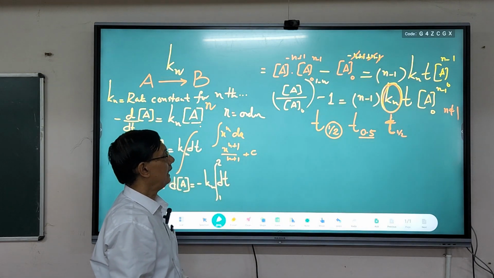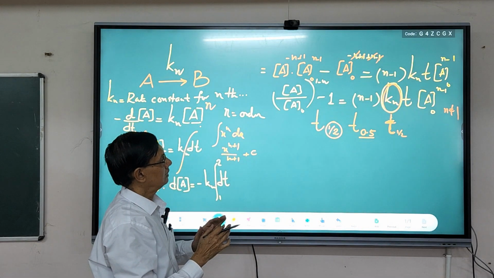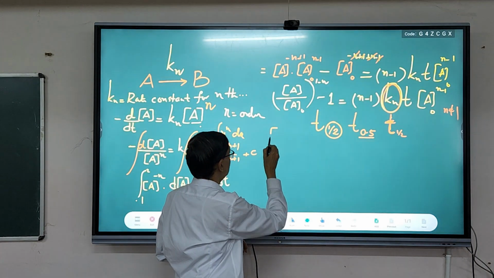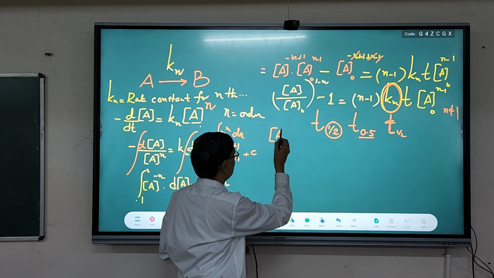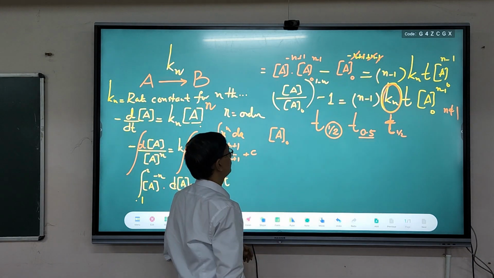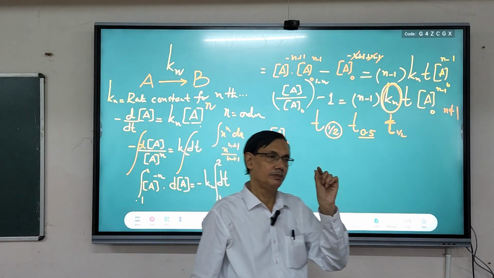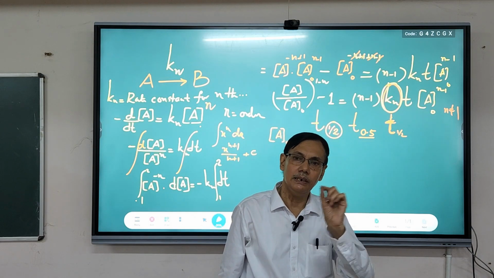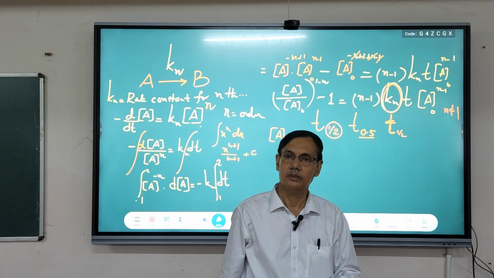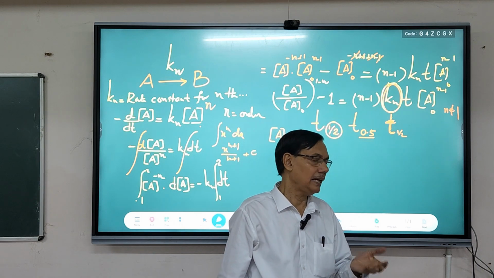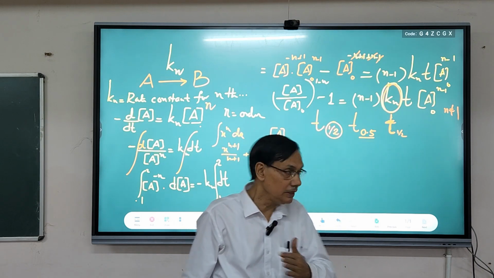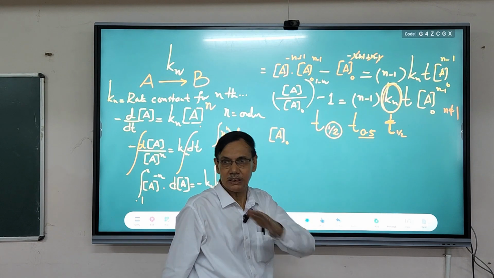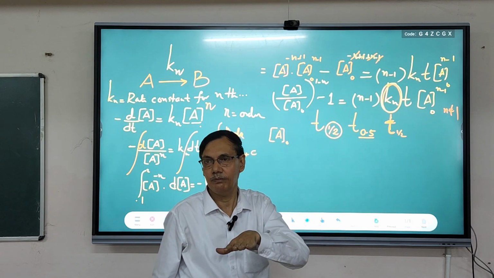Suppose you are using 10 milligram of ethyl acetate, so after 10 minutes that 5 gram becomes 2.5, just half. That is called the half-life.